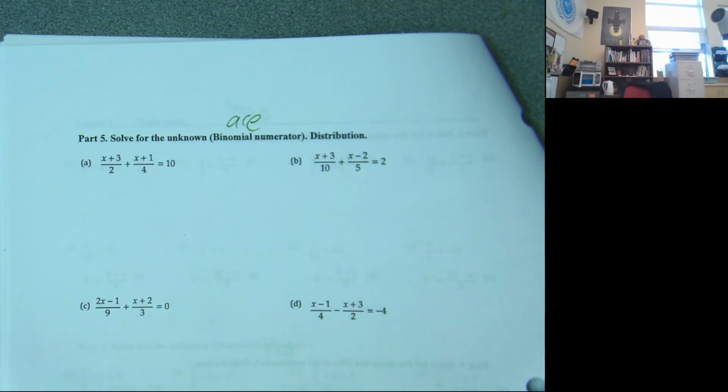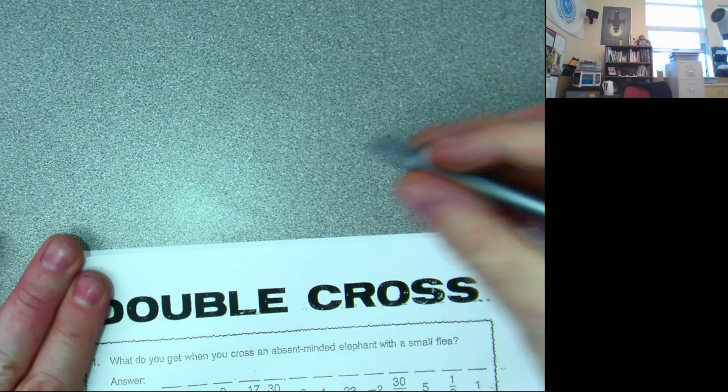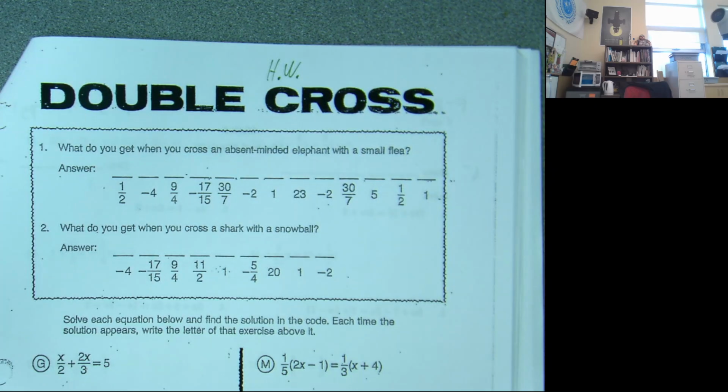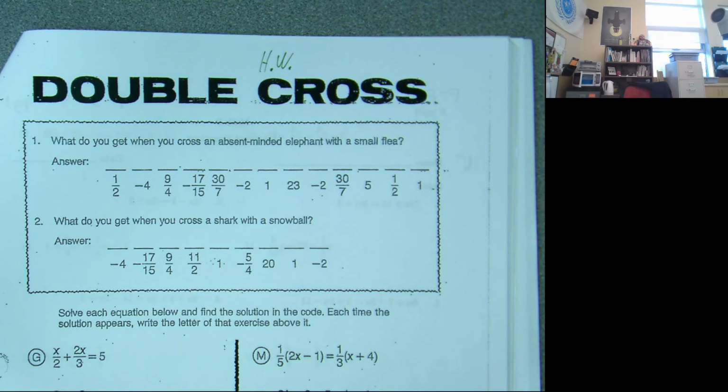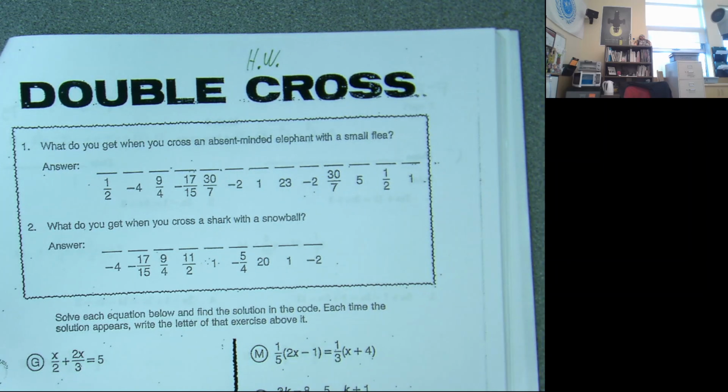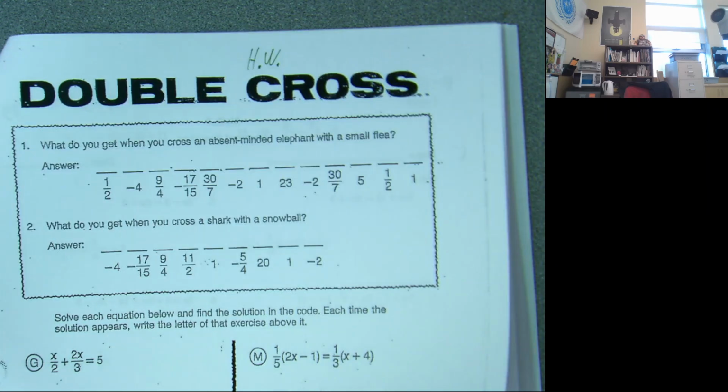There's answers down there at the bottom. And then if you flip the page one more time, this double cross page is for homework as well. The page that comes after this one is optional extra practice, but there's answers to it as well.